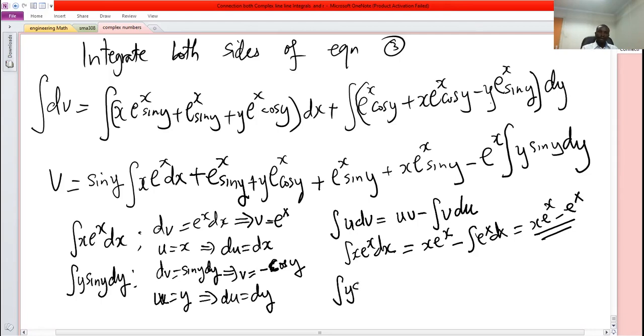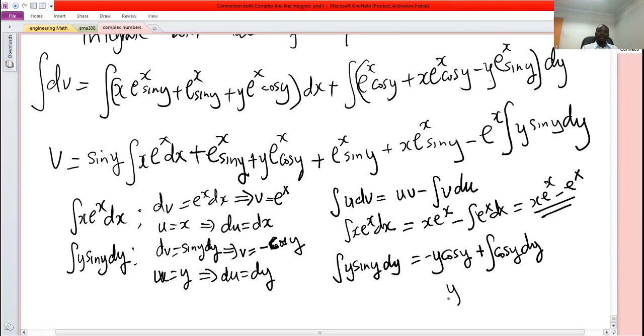So integral of y sine y dy will be uv, u is y, v is this, so negative y cos of y, minus integral of v du. So this v has a negative sign, so it will be plus, and du is dy, so we'll have cos of y dy.